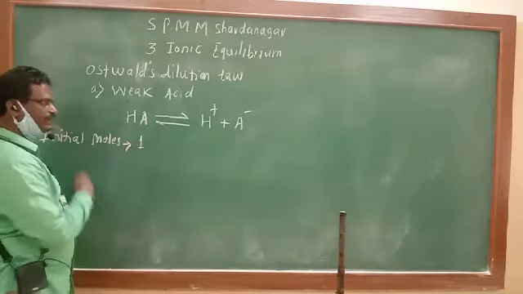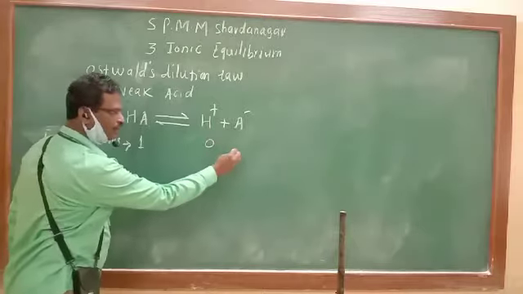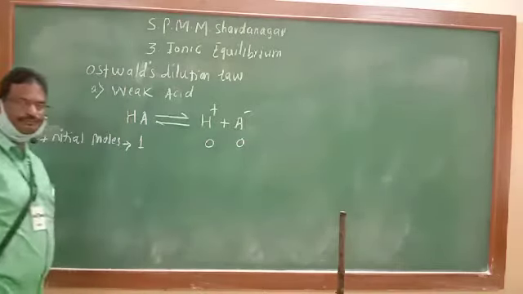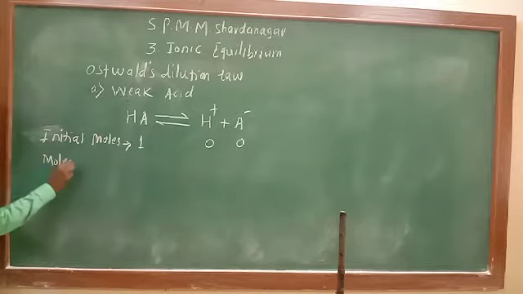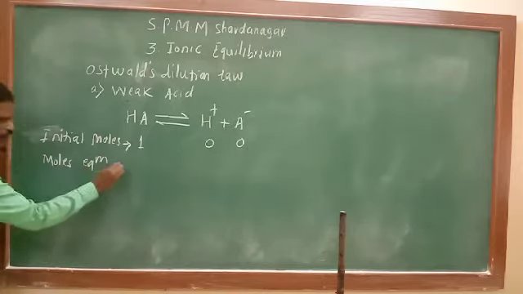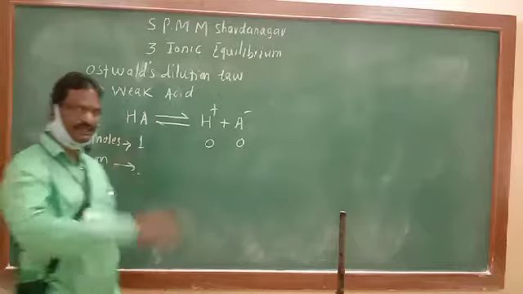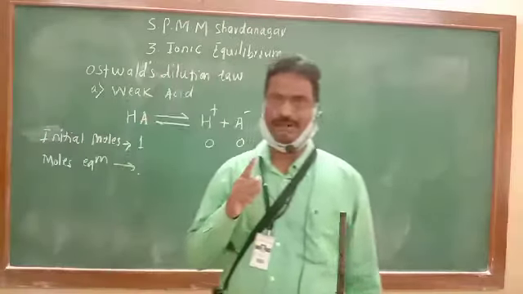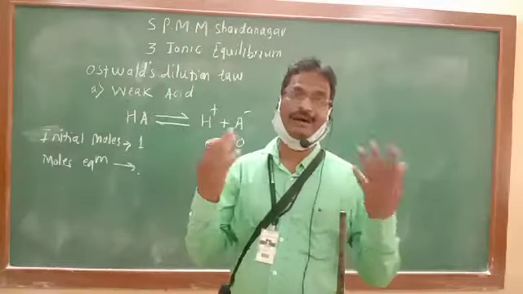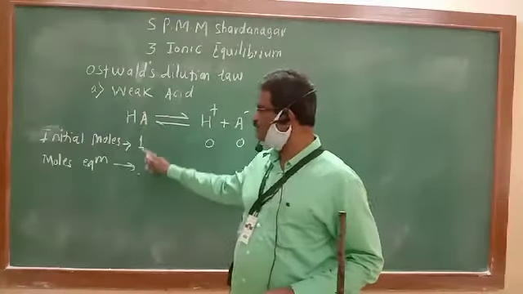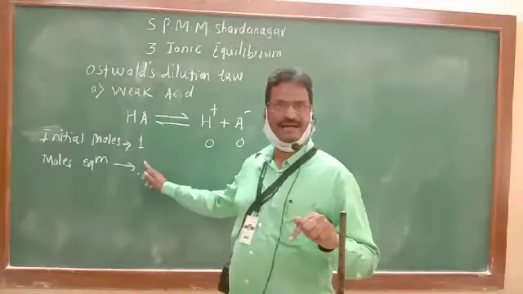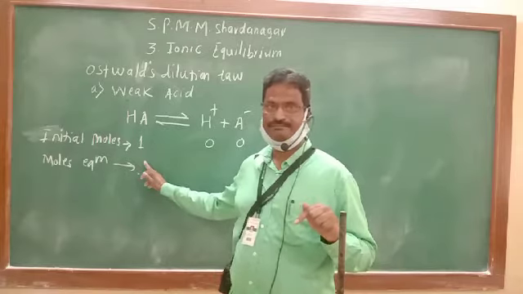So initial mole is 1, this is 0, this is also 0. Then the equilibrium takes place, moles at equilibrium. Let us consider out of 1 mole, alpha moles undergo dissociation. So what is the moles of HA left behind at equilibrium?